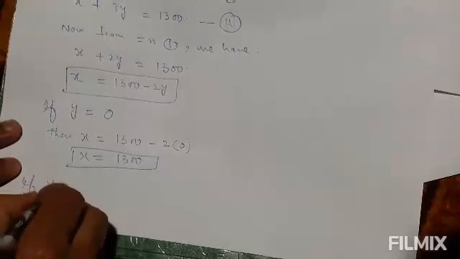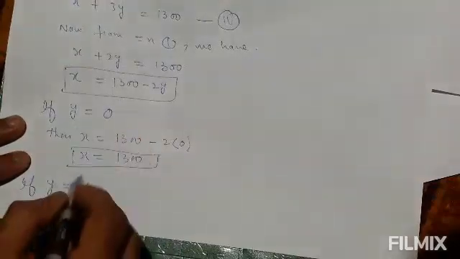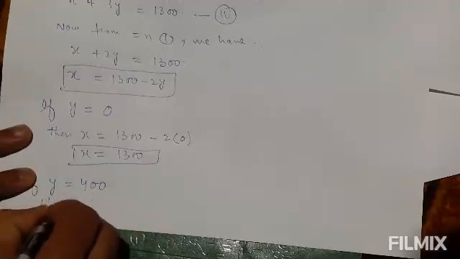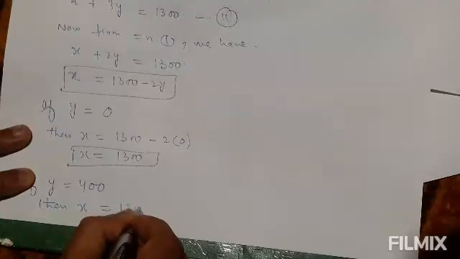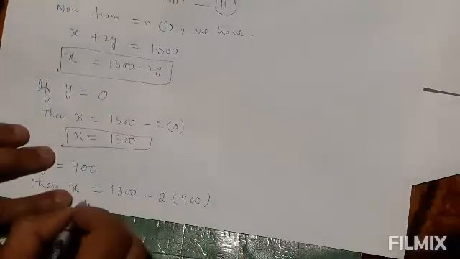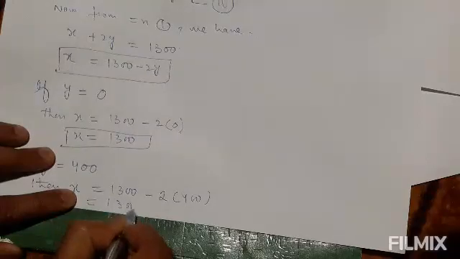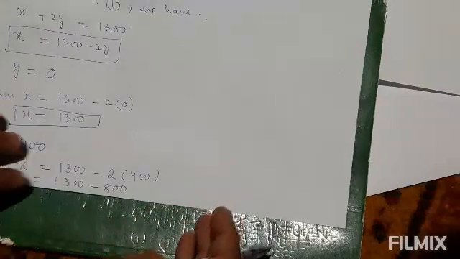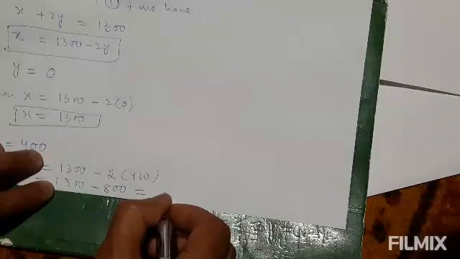If y equals a bigger value, say 400, then x equals 1300 minus 2 into 400, that is 1300 minus 800, which is 500.